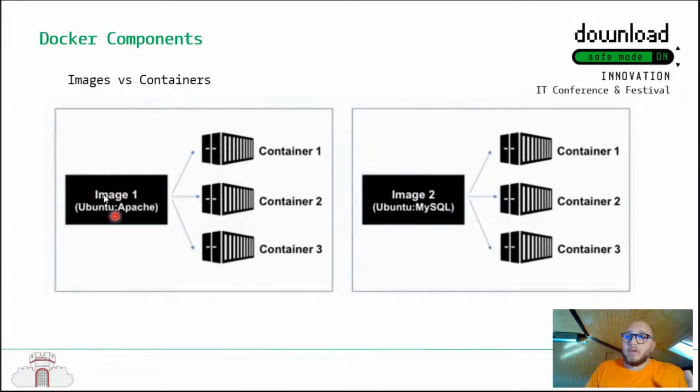Let's say you have a base image of base OS Ubuntu, and on that you run a web server called Apache, and you need 3 or 4 containers, or more than 1 container. You don't have to make a Dockerfile or a base image for each different container. You can use the same one to run different containers.